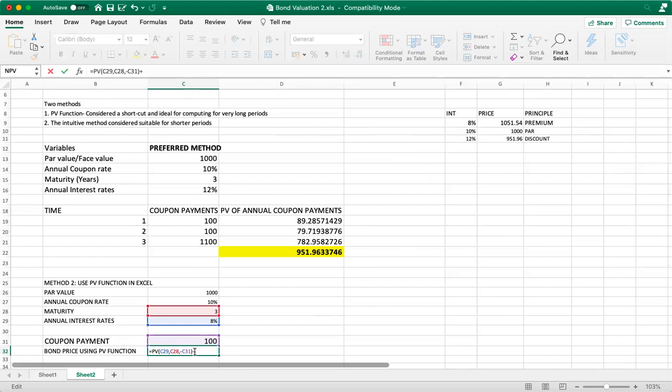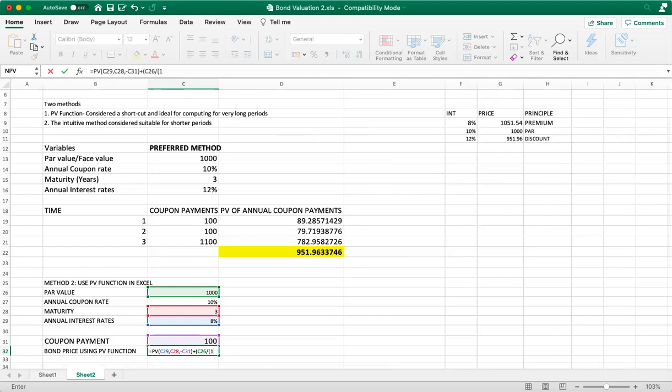So you have the coupon payments being discounted to the present, but you also get the par being discounted to the present. So when you come to the par, you say plus. Now you need to get 1,000 divided by 1. You can use the one that was used in the first example, or you can type it in.